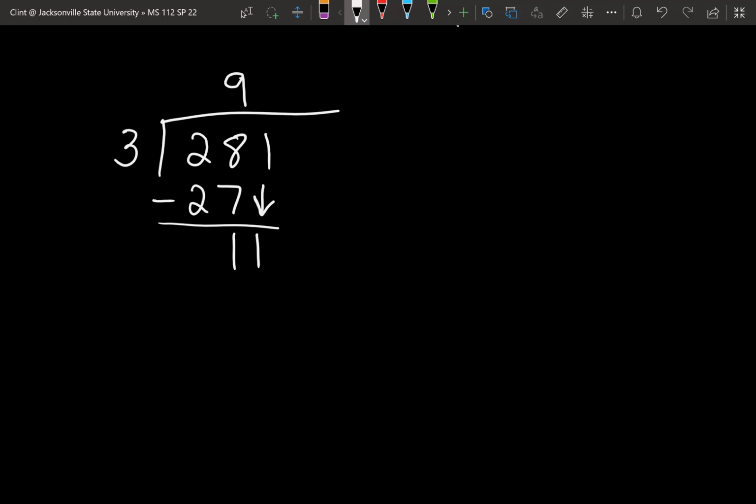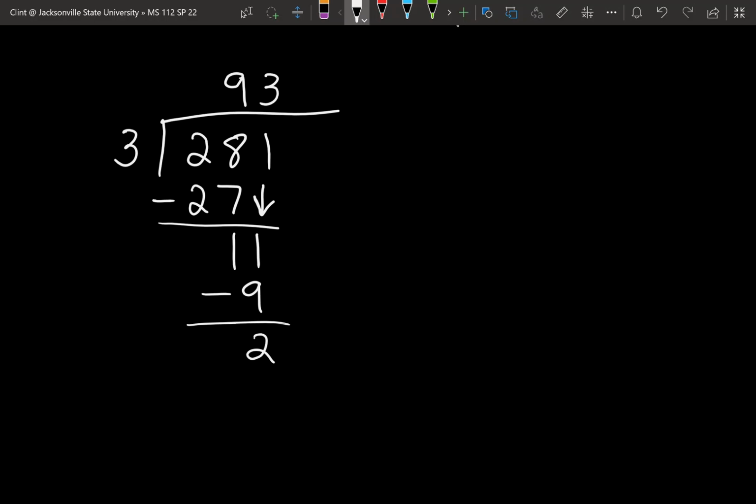So 3 will go into 11 3 times, so we would write the 3 up there. 3 times 3 is 9. We want to subtract, so we put a minus sign. 11 minus 9 is 2. And then 3 won't go into 2 because 2 is smaller than 3.